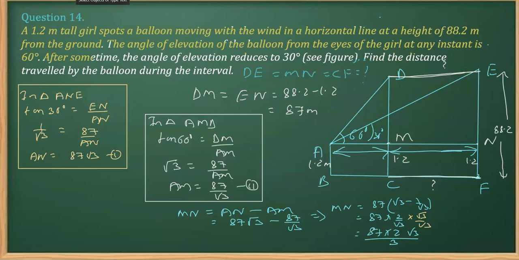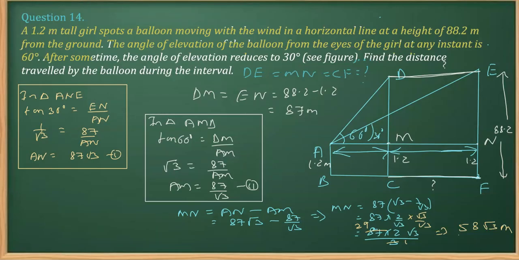You can further reduce this. This is divisible, right? So 3 one time, and 3 twos are 6, and 27, that is 3 nines. So our final answer will be 58 root 3.